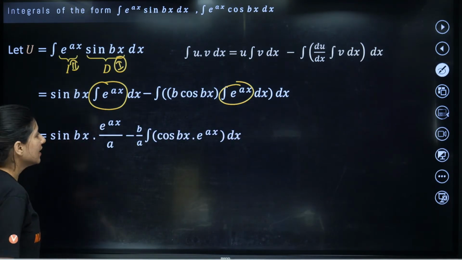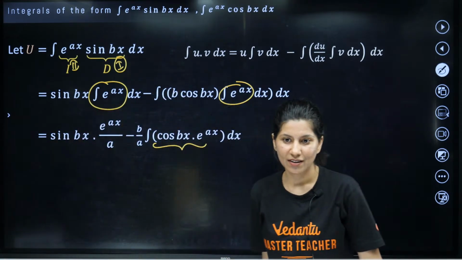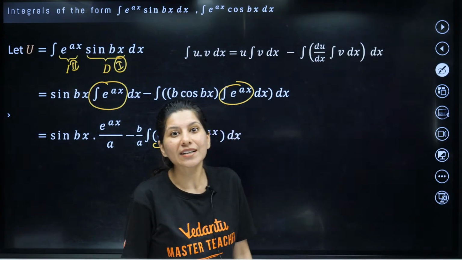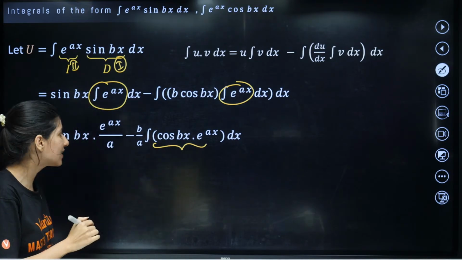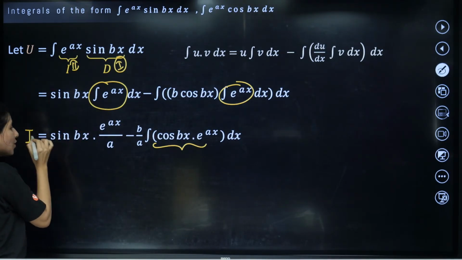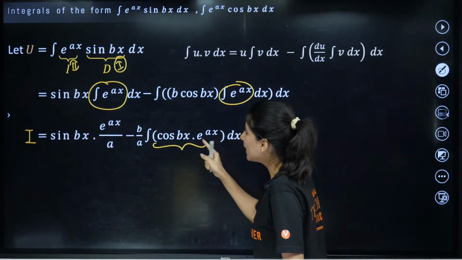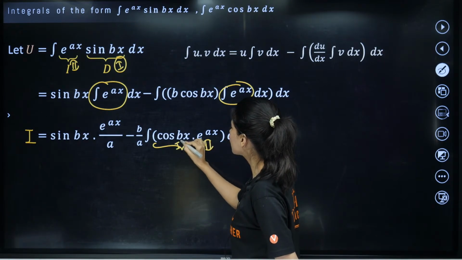So this is done. Now again, can you see we are stuck in the same situation? The moment I start applying by parts, this is how a recurring integral works. If you have seen the past 3 problems, this is what is happening. We try to solve a problem, but again we get stuck in the same problem. So again we have to apply by parts. Obviously, this is your second and this is your first function.